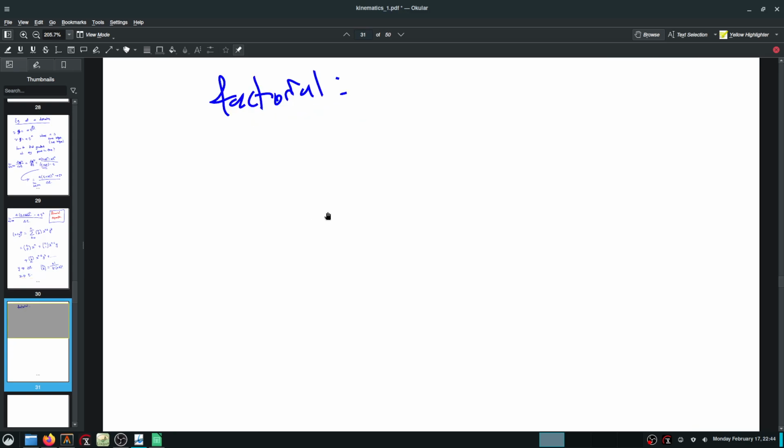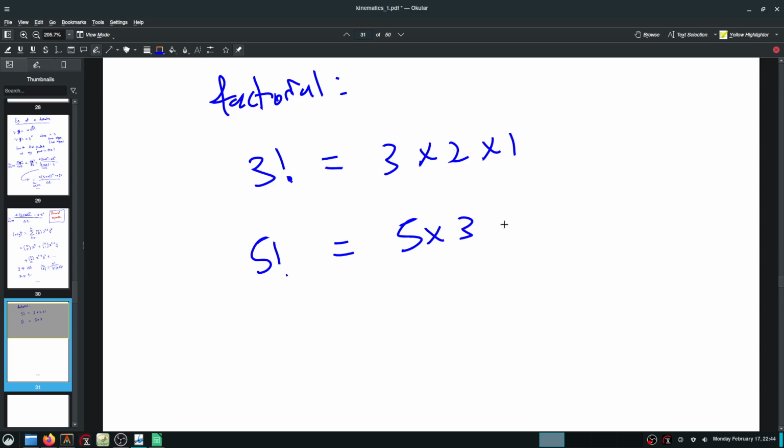Factorial is just multiplication in descending order. So 3 factorial is 3 times 2 times 1. 5 factorial is 5 times 4 times 3 times 2 times 1. 1 factorial is already at 1, so it's just 1.